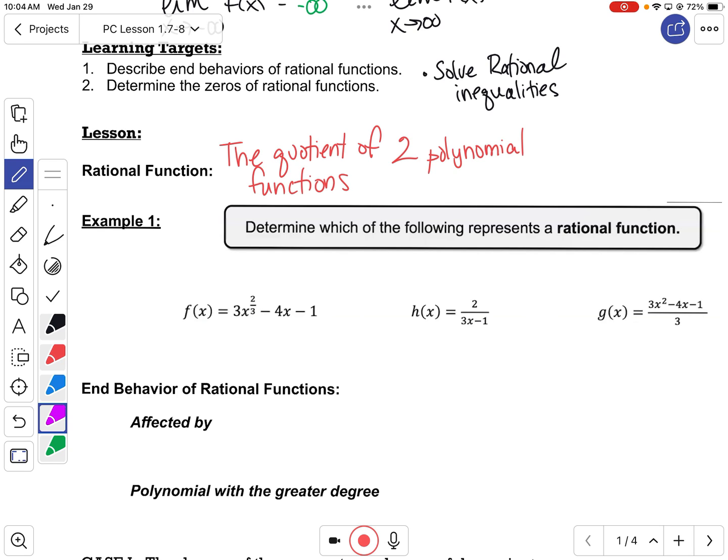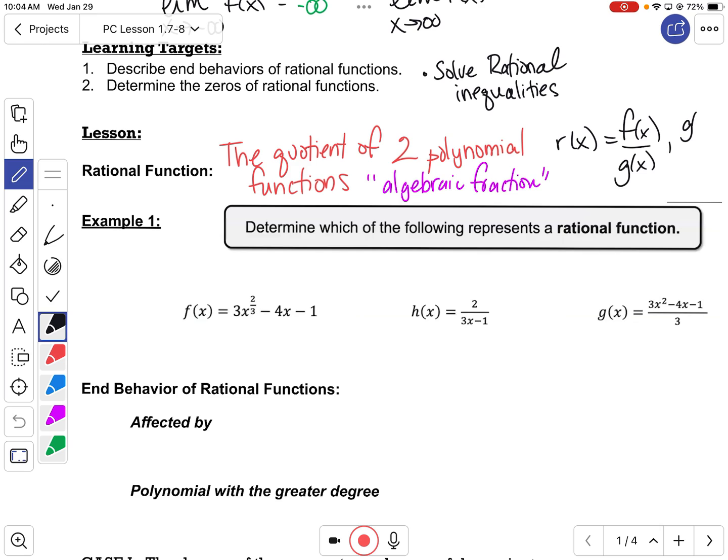You'll also hear me refer to it as an algebraic fraction. You'll see it written like this: R of x equals f of x over g of x. We've got two polynomial functions. The only thing is, that bottom function cannot equal 0.